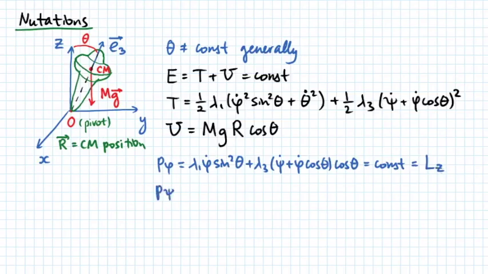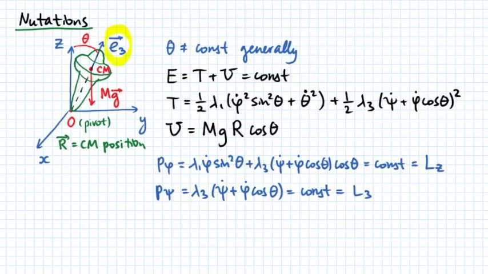Also, the generalized momentum p psi, which we found to be lambda 3 times psi dot plus phi dot cosine theta, is also a constant, which we identified as the component of the angular momentum relative to the principal axis E3.